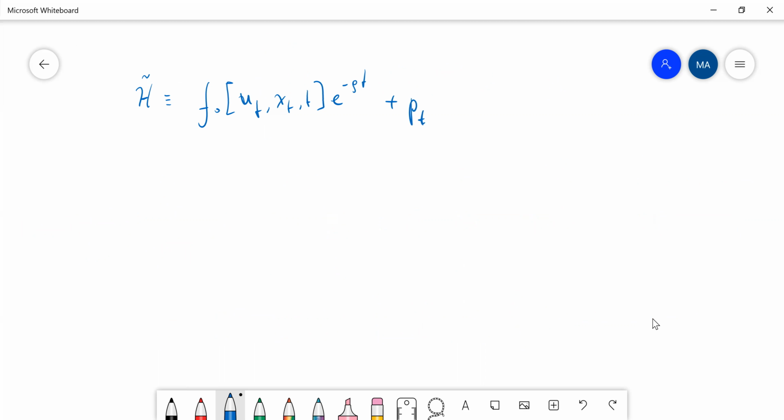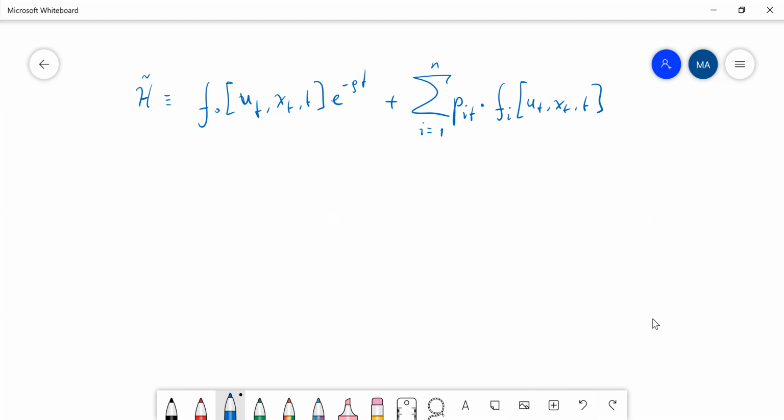For each constraint, you have p_it times f_i(u_t, x_t, t).